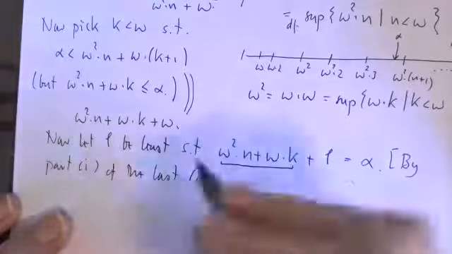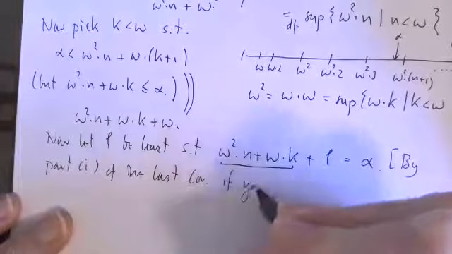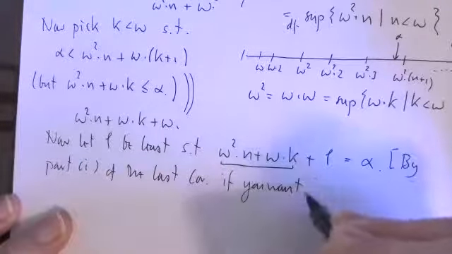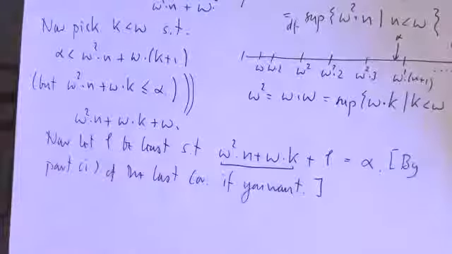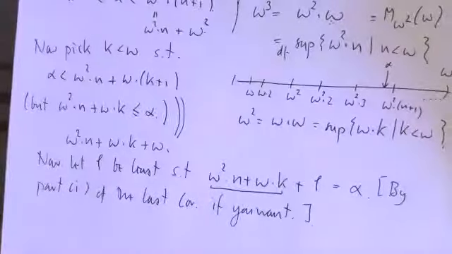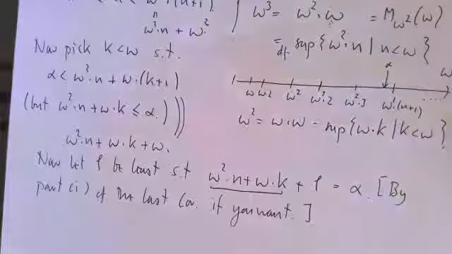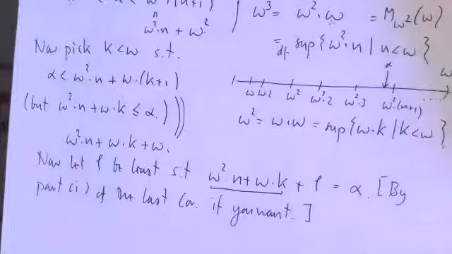So by part one of the last corollary, if you want. So with some practice, and I do urge you to get practice, these things will become a little bit more familiar, I think, to you. Any questions there?